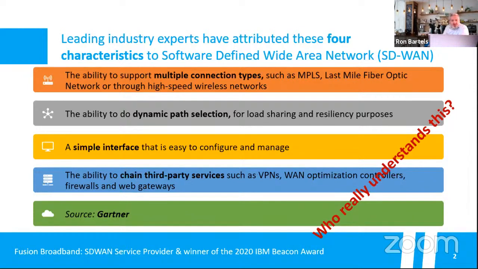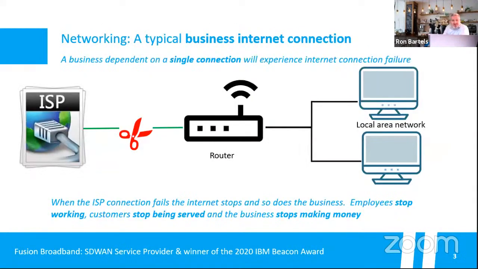So I'm going to go into an analogy and explain what SD-WAN is. But first of all, I'm just going to explain what a typical business connection is. A typical business connection has an ISP, which provides the internet connection. It has a router, which is typically the way that we access the internet from our local area network.